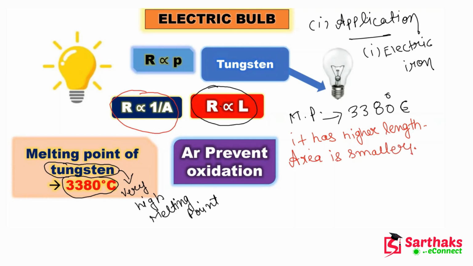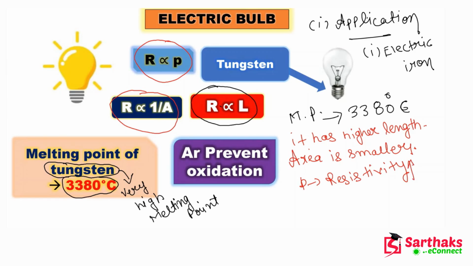Okay guys, I hope you get my point that in this case the area is smaller. Now let's talk about resistivity. And here in this case the resistivity will also be higher.